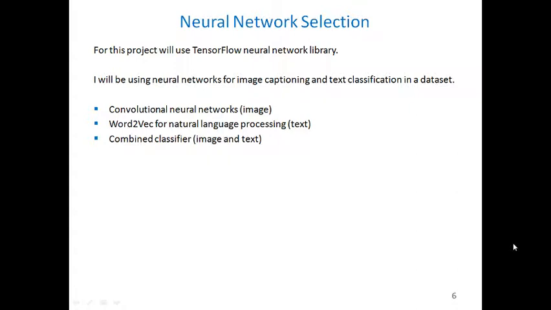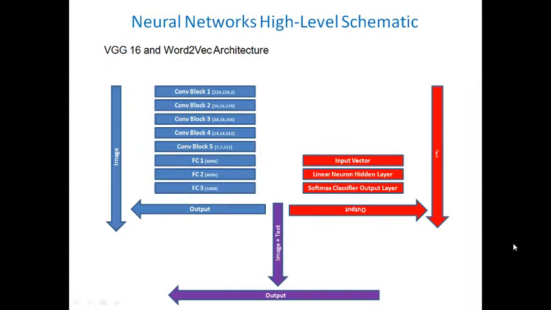And the last effort was the combined classification, where the outputs of the image recognition, which is the convolution layer, were fed into this combined classifier along with the text. So the architecture looks something similar to this, and now we'll see what the results were.